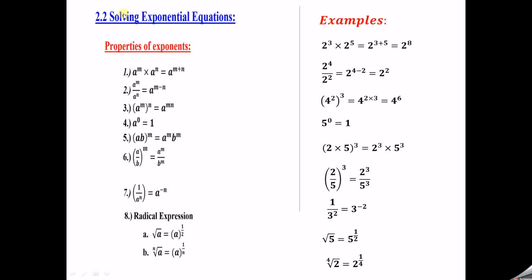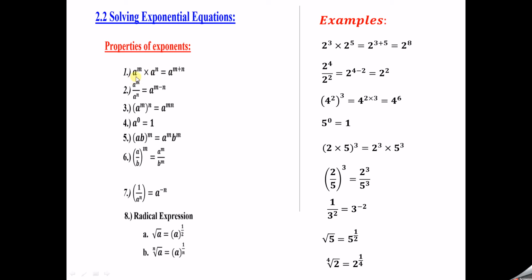Now let us go to solving some equations with exponential functions. And before that, we look at some properties of exponents. The first property: a power m times a power n is equal to a power m plus n.